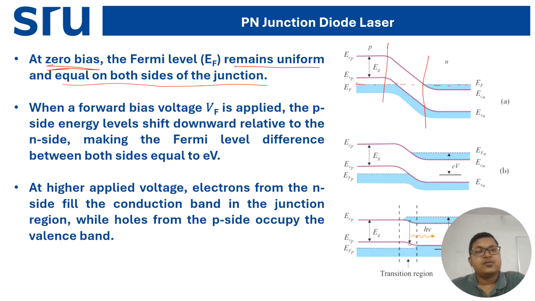When a forward bias voltage VF is applied, VF is the energy we are putting, and you can see the P side energy level shifts downwards relative to the N side, making the Fermi level difference between both sides equal to eV.